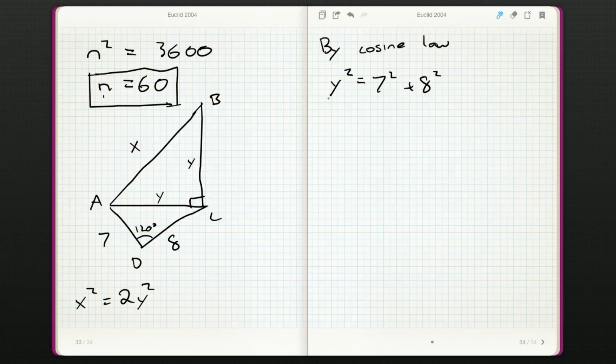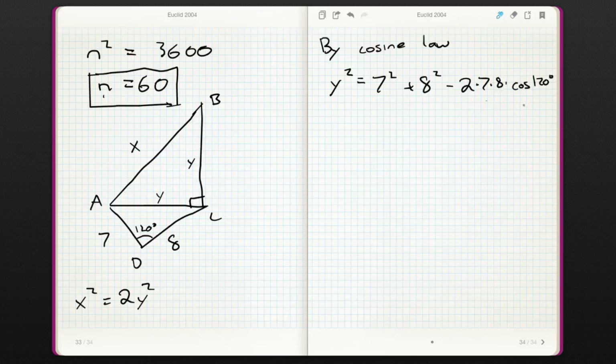So the longer one, or the one that we're talking about, is the sum of the squares of the other two, but then it's minus something involving the cosine of the angle. And then when this is 90, this becomes 0, so this part goes away, and it really is just something squared. The hypotenuse is the sum of the squares of the other two. And then the thing we put in here is times those two lengths again. So times 7 and 8.